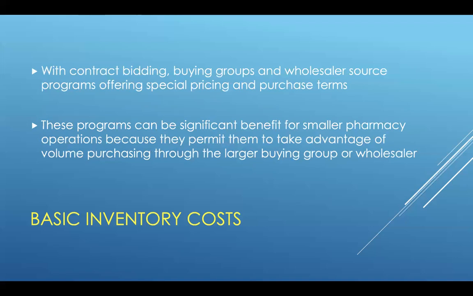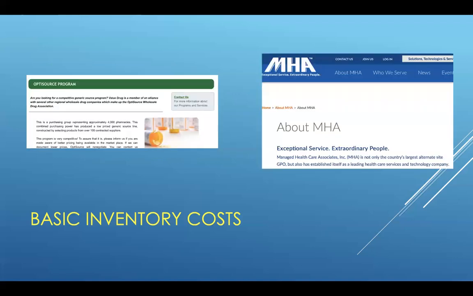Another thing that happens, especially in the long-term care arena, the closed door pharmacy arena, is contract bidding and buying groups. And sometimes there is special pricing in that. These programs can be a significant benefit for smaller pharmacy operations because they permit them to take advantage of volume purchasing through a large buying group or wholesaler.